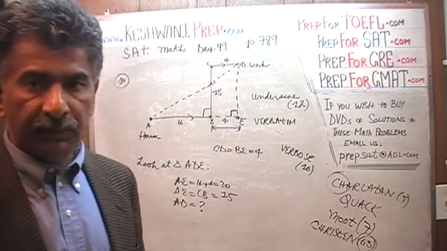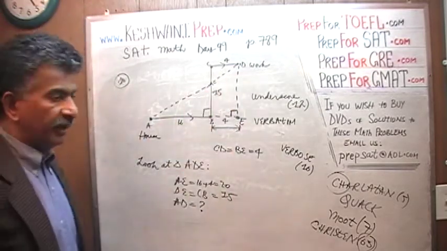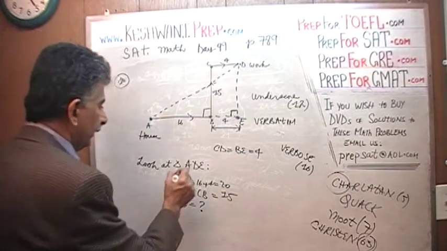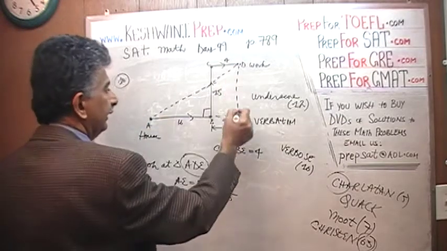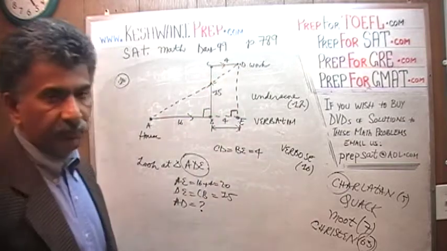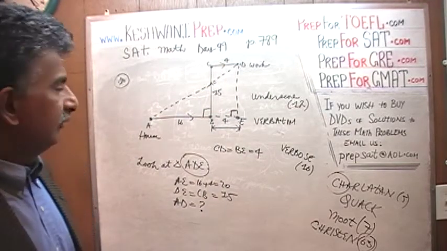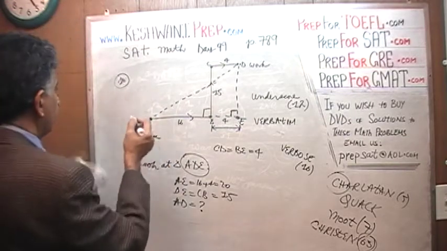So we're just going to simply apply the Pythagorean theorem and figure out the distance from A to D, which is the hypotenuse of the triangle ADE. We're going to subtract the two distances, and that's how much shorter it's going to be. So let's do it up here.